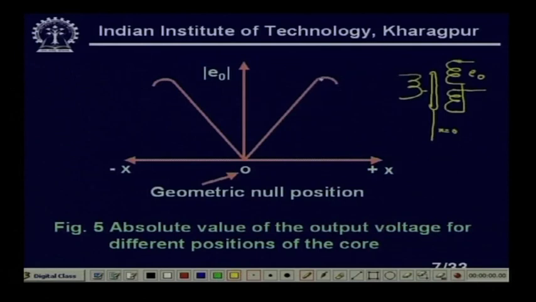In that type of situation it will fall like this in both cases, when it is going up and when it is going down. You see I am getting a straight line relationship like this one. So, this is the absolute value of the output voltage of the LVDT in series opposition versus the position of the core.